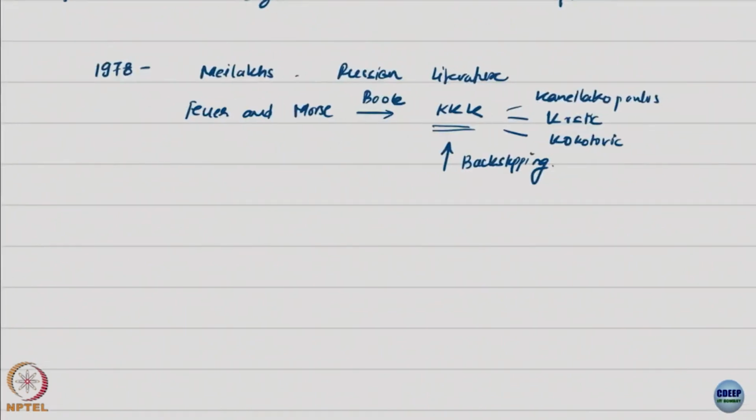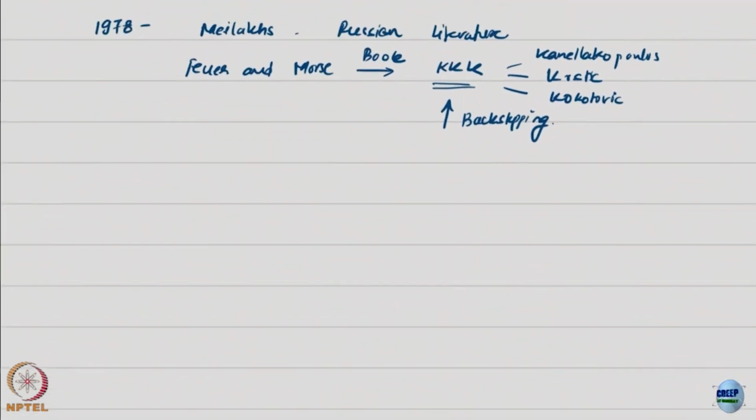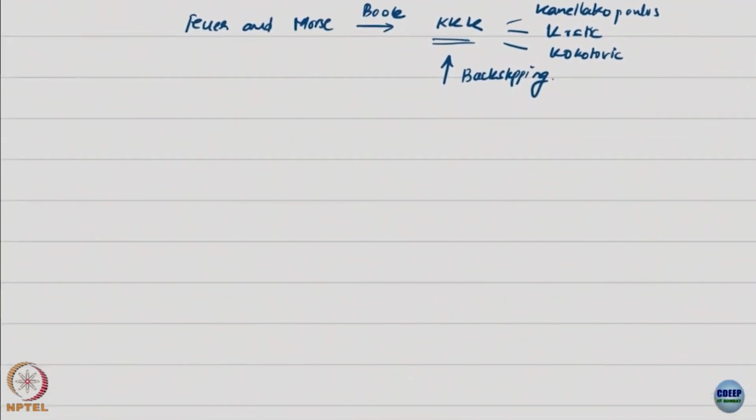The idea of backstepping is primarily a way of constructing these control Lyapunov functions. So basically, backstepping, and this I want you to remember, is a way to design CLFs. You already know the power of CLFs.